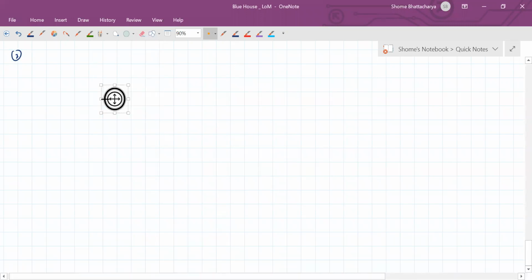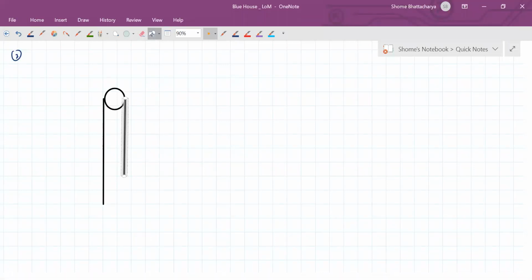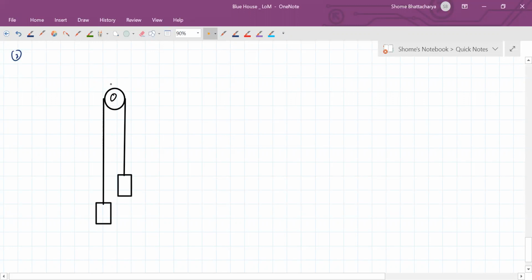Let's take the case of the simple Atwood machine. Okay, and let's say A is heavier than B.